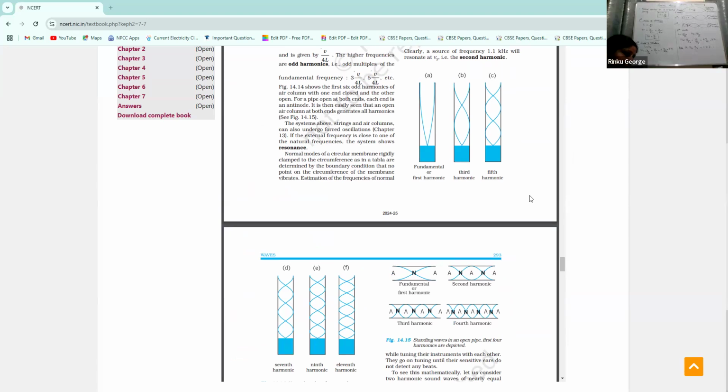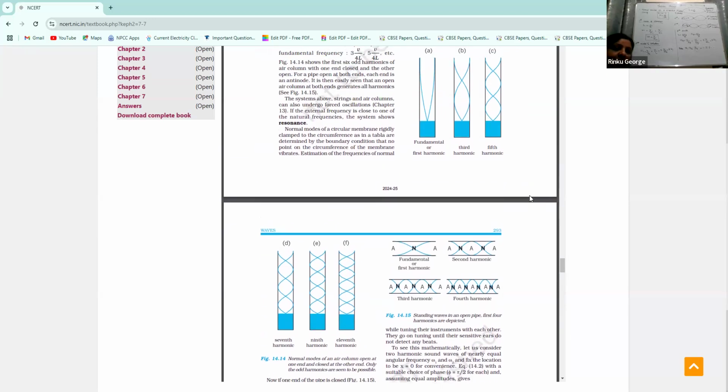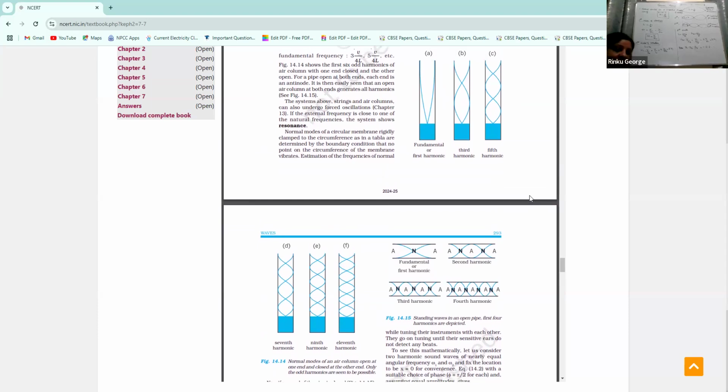Ma'am, which diagram? Normal mode in a closed pipe. You didn't get the diagram? The next one after what we have drawn. Yeah, that one. Pranav, you didn't get it?